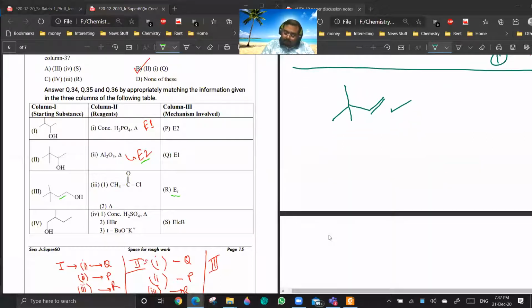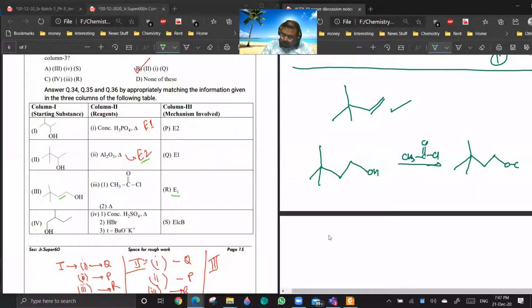What is 3? CH3COCl. And this is an ester group. It will take a beta hydrogen and you'll get an alkene. Yes or no?